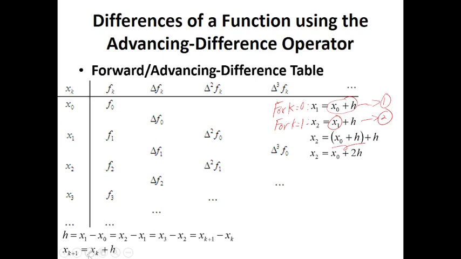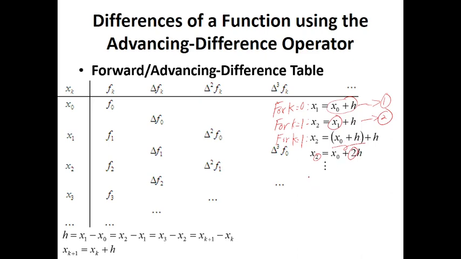And there's a pattern now. We see a pattern. This is 2 and this is 2. For k equals 1, x sub 2 equals x sub 0 plus h plus h, so that is x sub 2 equals x0 plus 2h.